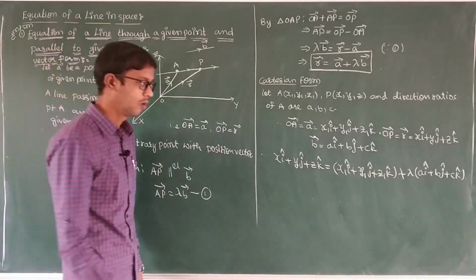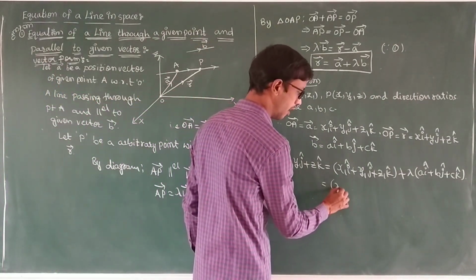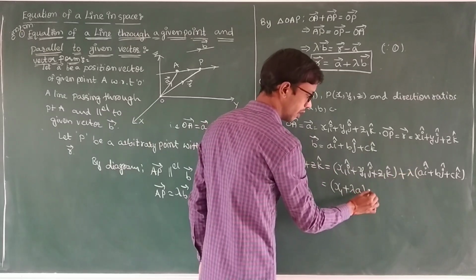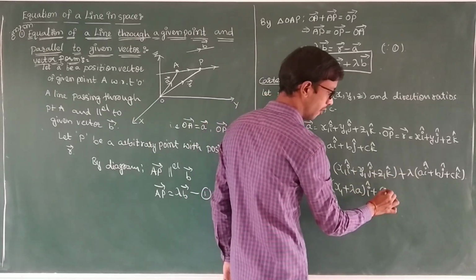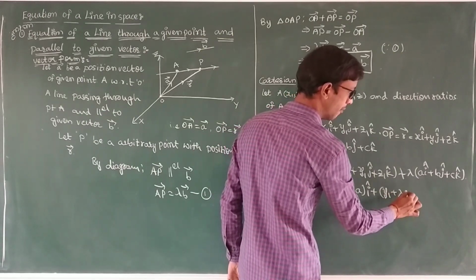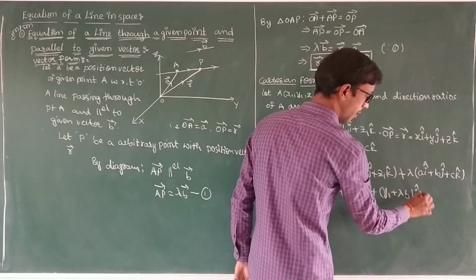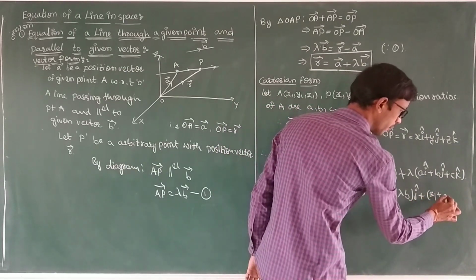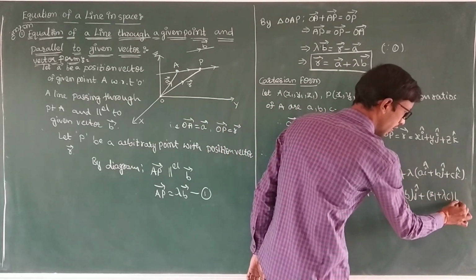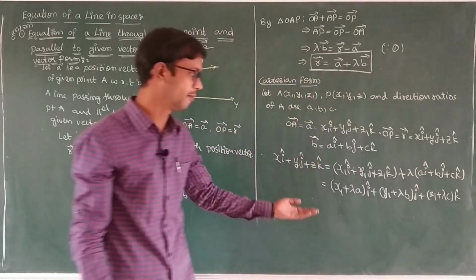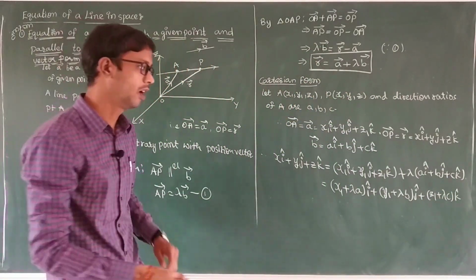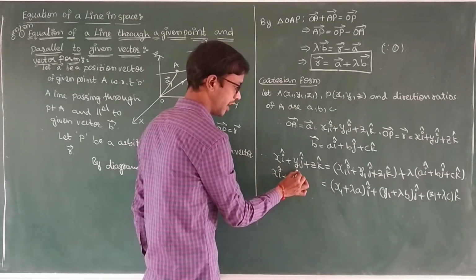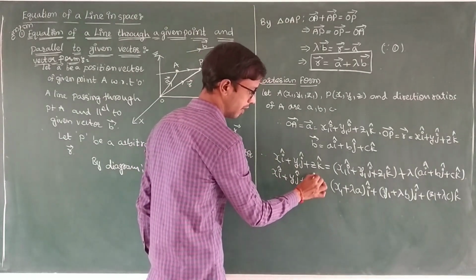Now taking i cap, j cap, k cap common: (x1 plus lambda a) i cap, (y1 plus lambda b) j cap, (z1 plus lambda c) k cap, on the right side, and x i cap plus y j cap plus z k cap on the left.